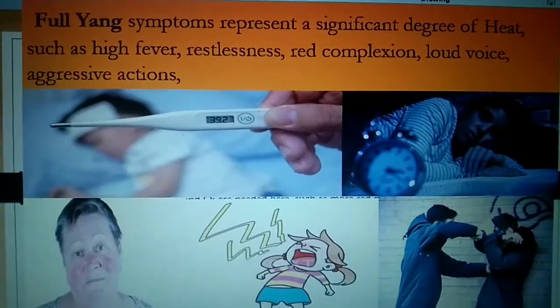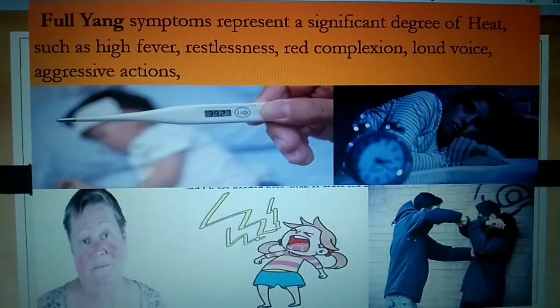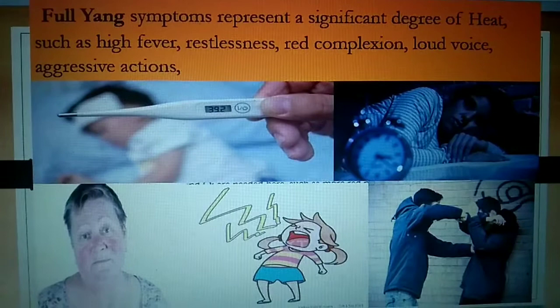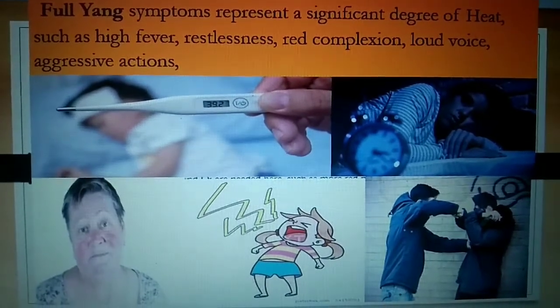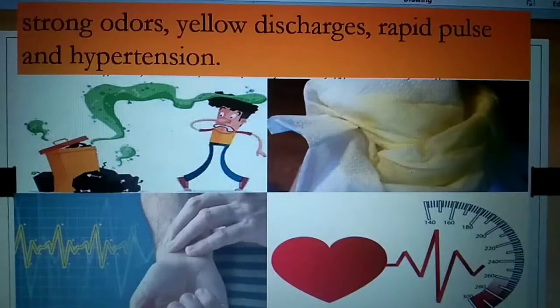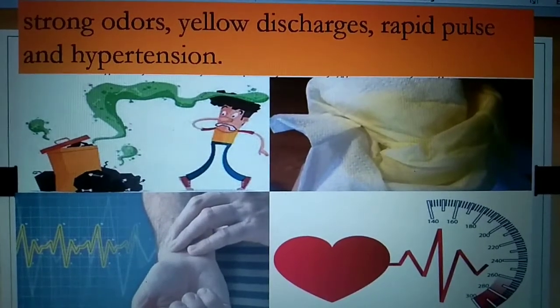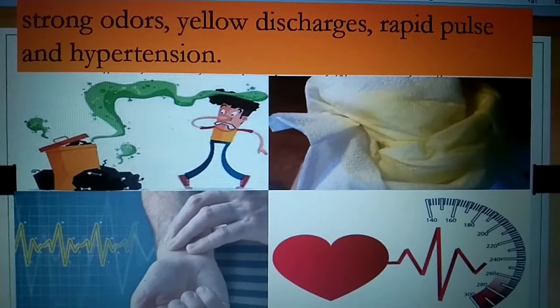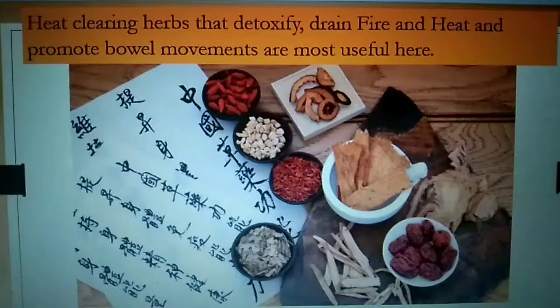Full yang represents a significant degree of heat, such as high fever, restlessness, red complexion, loud voice, aggressive action, strong odors, yellow discharges, rapid pulse, and hypertension.